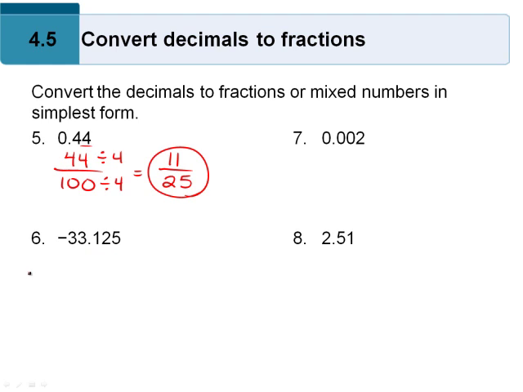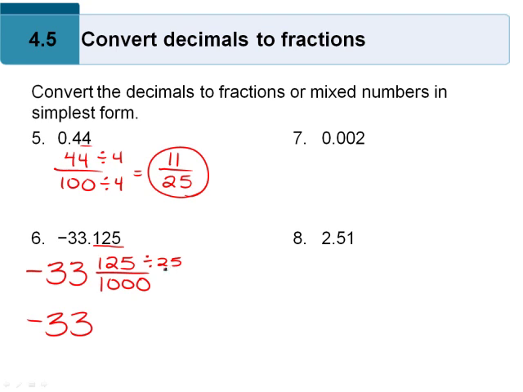Number 6, we have a negative 33.125. So the negative 33 is going to be our whole number, and then you put 125 over, here you've got 3 digits, so it's going to be over 1,000. All right. Now, 125 and 1,000, I can reduce those by 25.